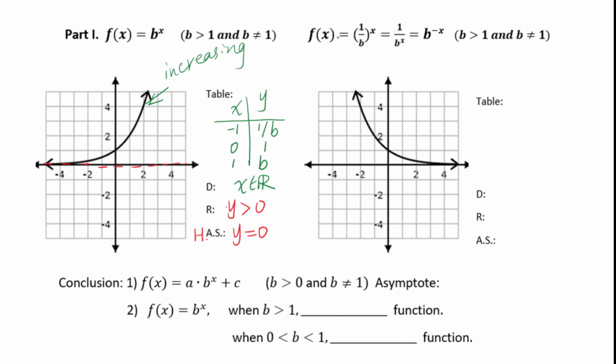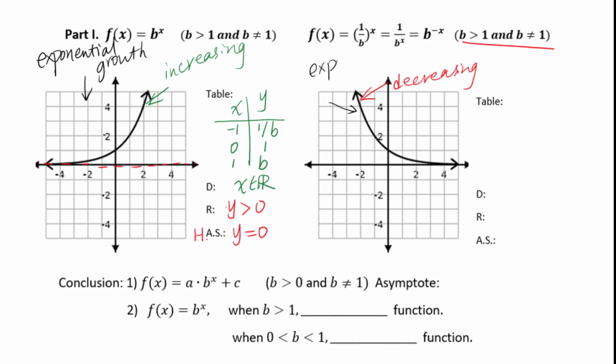When we have f of x equals 1 over b to the x power, or b to the negative x power, for b greater than 1, you could say this is a decreasing function. We call this an exponential growth, and a decreasing function like this is an exponential decay.